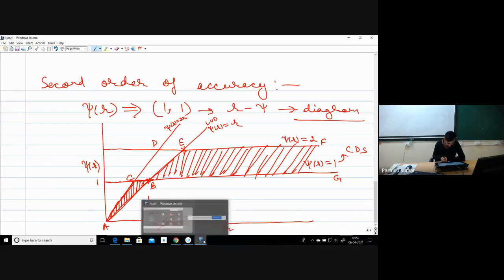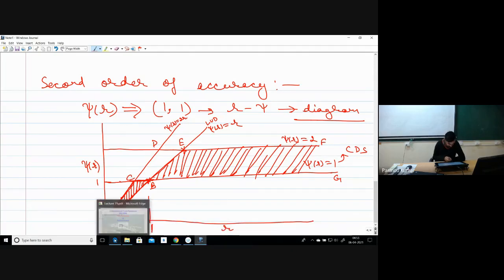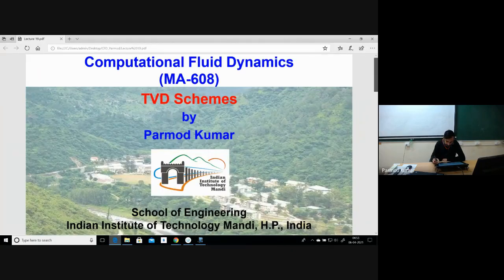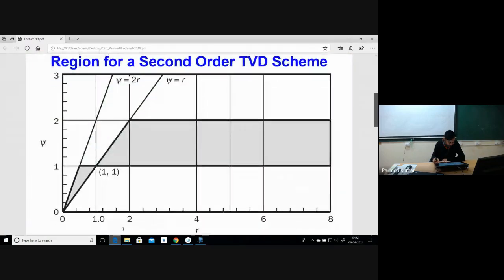So let me show this particular formulation in this slide. This is for a clear depiction. I have taken some photograph from the book. So you can see over here along the ordinate we have psi and along the abscissa we have r, and this is the shaded region which ensures the first order, the second order of accuracy as well as the stability.